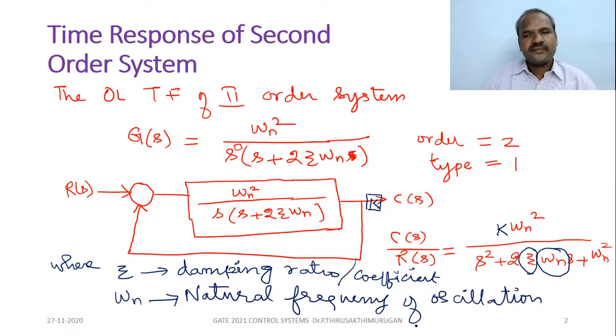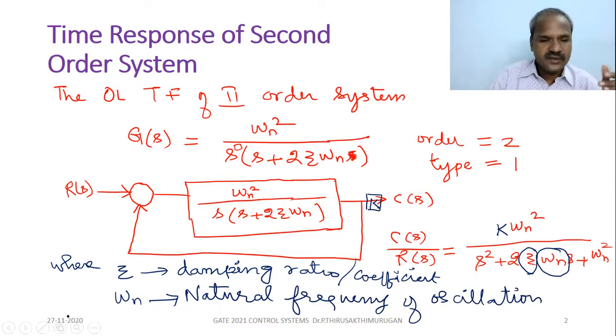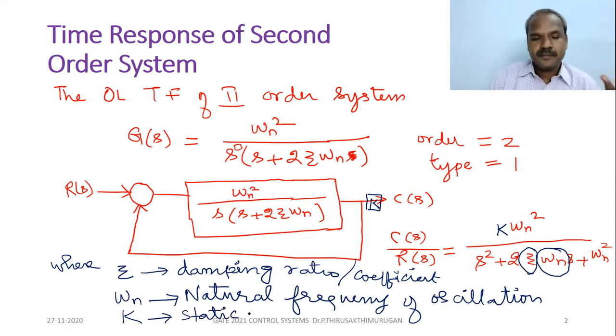Understand, my dear friends? So these two are called system parameters. Even you can add k. K is the static gain of the system. Sometimes the static gain may be present, the static gain of the control system.